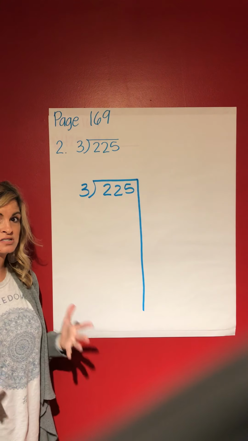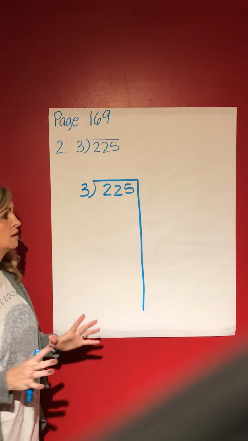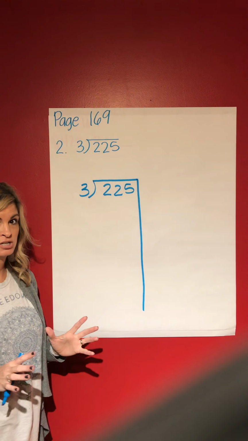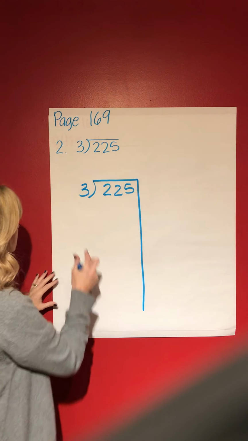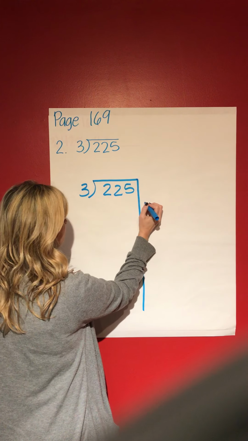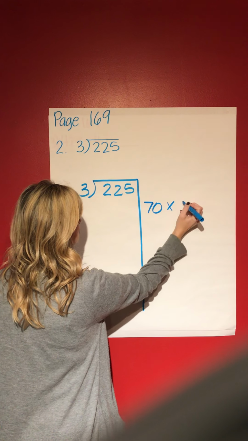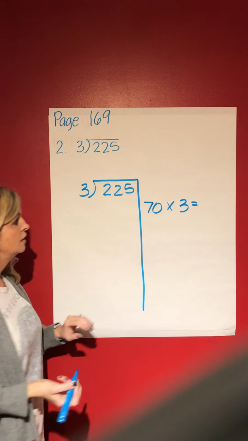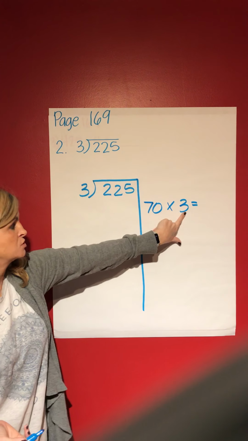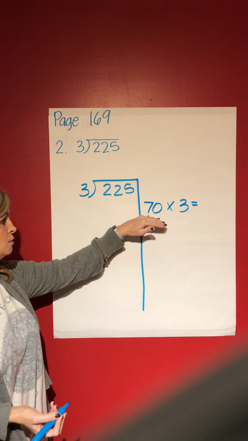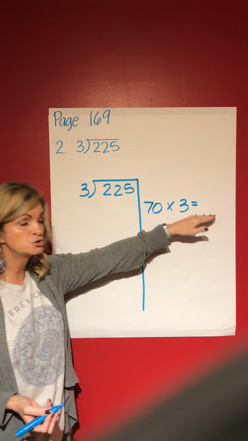That's the first factor that I want to work with in determining what my quotient is for this problem. So I'm going to say 70 times 3, okay? And if I know that 7 times 3 is 21, then I know that 70 times 3 is 210.